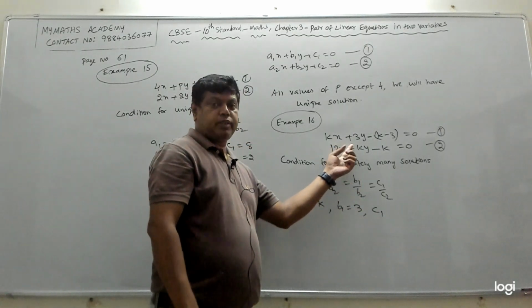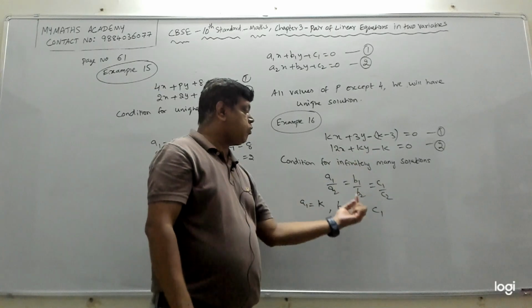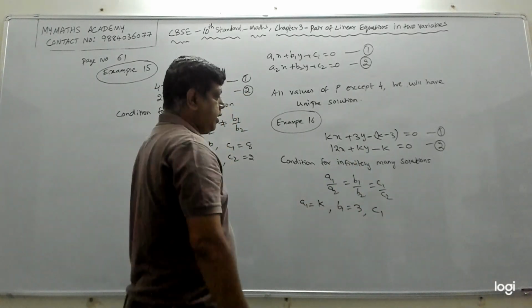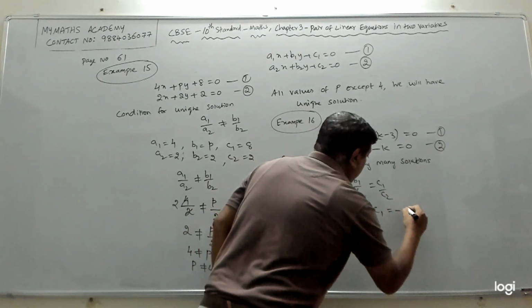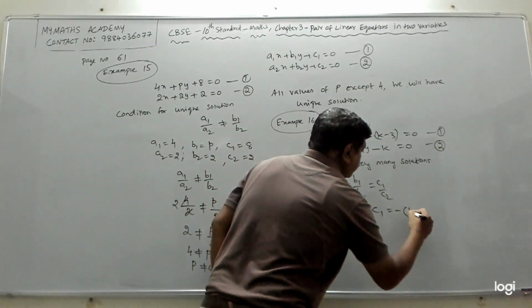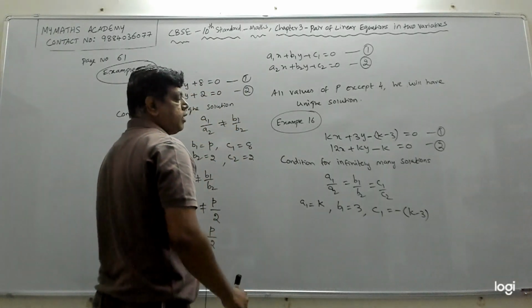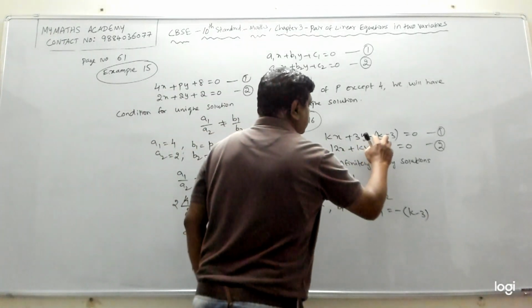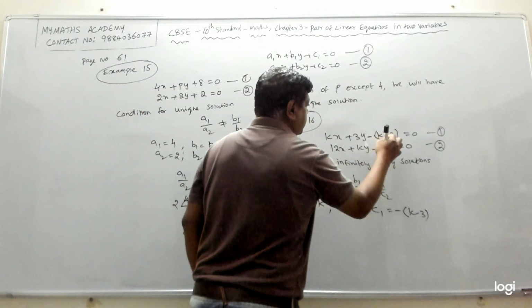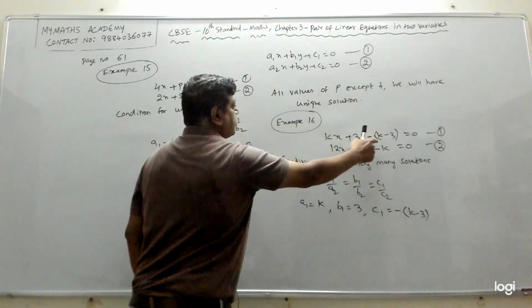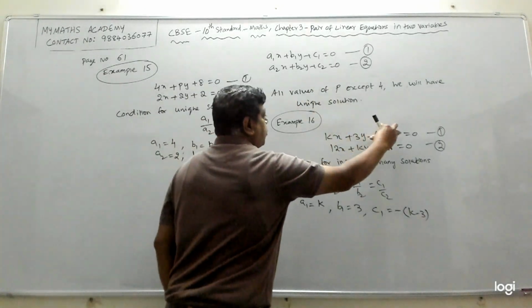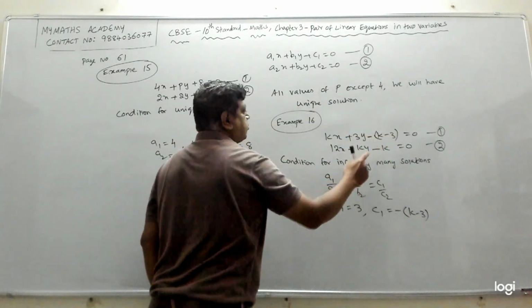You have to always take it with the sign. So c1 is minus of k minus 3, minus then the bracket, that's how the question is. Minus of this whole thing along with the sign is c1. c1 is the term without x or y.